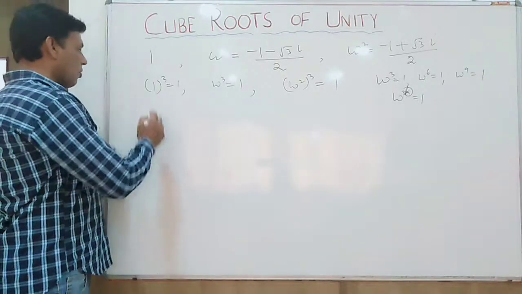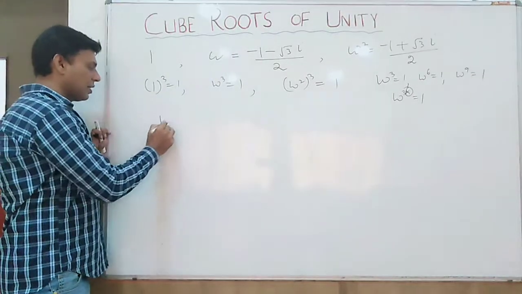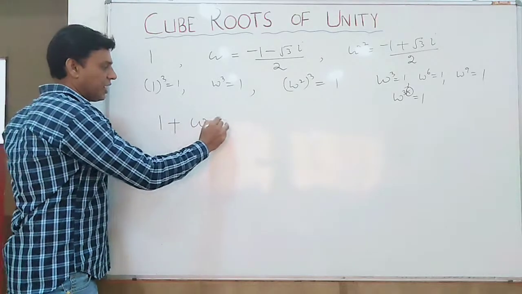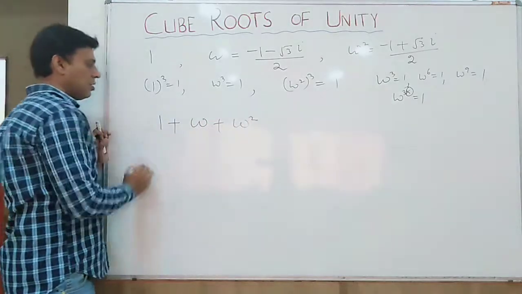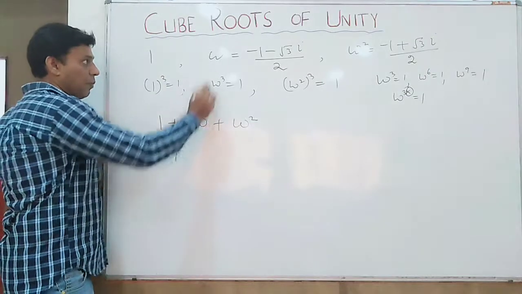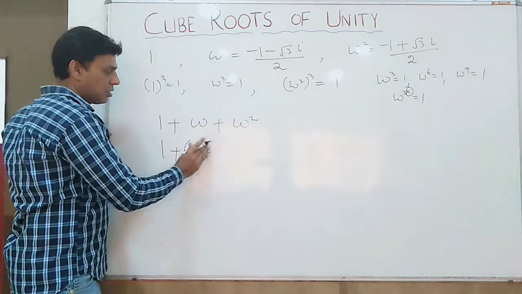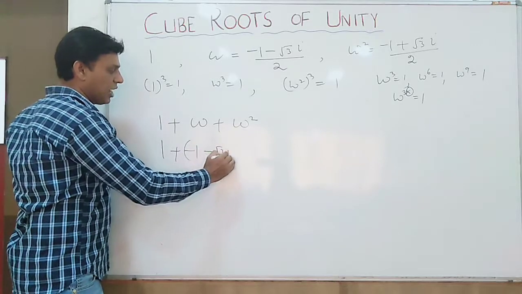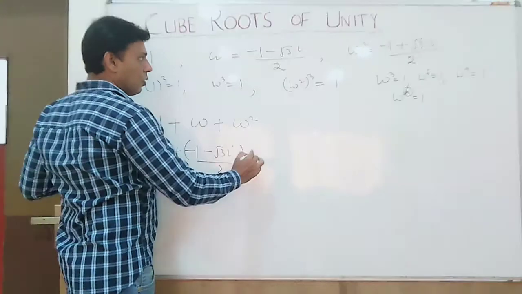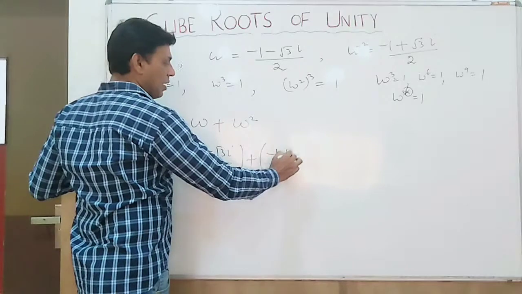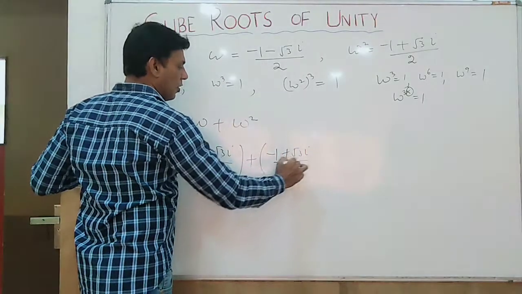So now we will add these 3 roots of unity, 1 plus omega plus omega square. So 1, in place of omega you will put minus 1 plus under root 3 iota upon 2, plus minus 1 minus under root 3 iota upon 2.